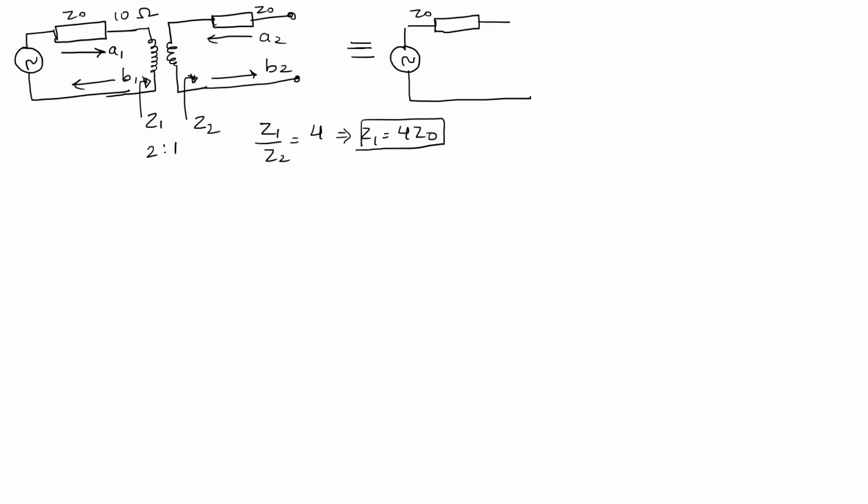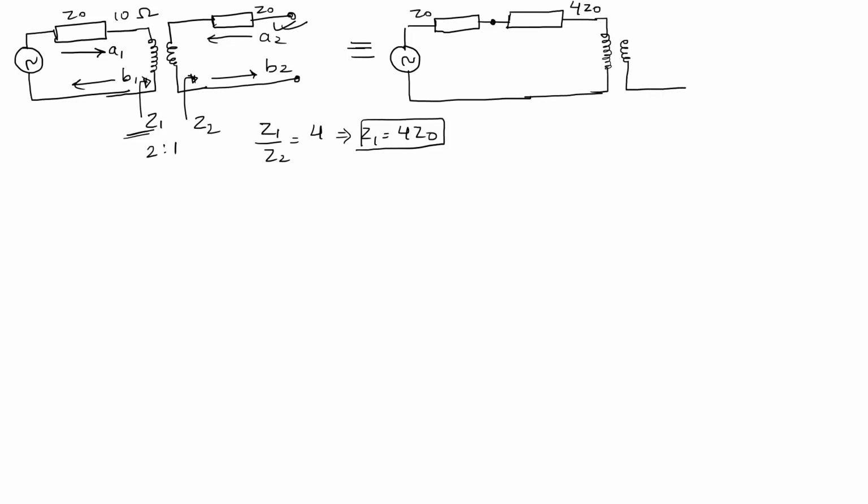Because Z2 is the impedance on this side, and Z1 should be the impedance that we can realize when looking from this side. So Z1 is equal to 4 Z naught. This is what we will get here after we simplify this circuit. This will be 4 Z naught. This is some hypothetical node here. And to complete the circuit, let's draw the transformer here.